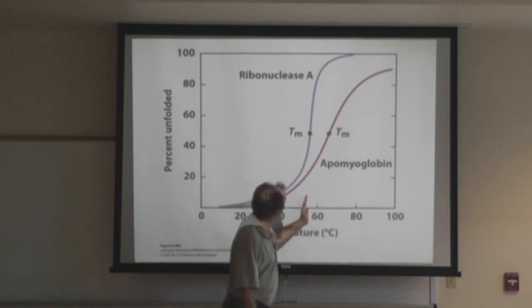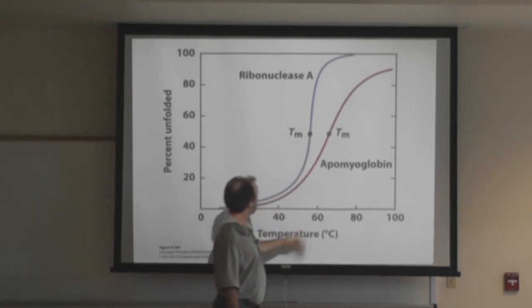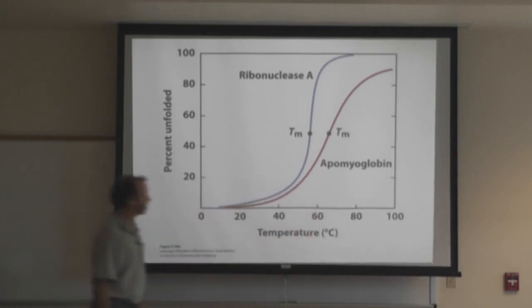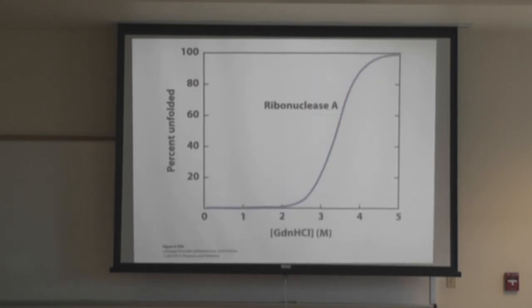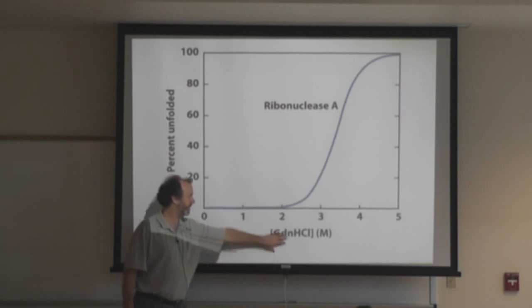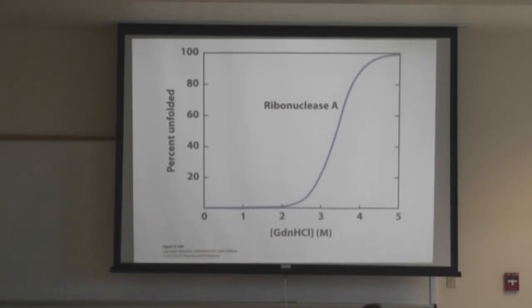Basically, the melting point is about 50 degrees or so. And same thing with apomyoglobin. So a lot of proteins are going to have different denaturation points. And then this shows you denaturation of ribonuclease A as the concentration of guanidinium hydrochloride increases, which is what I use to take apart amyloid plaques.